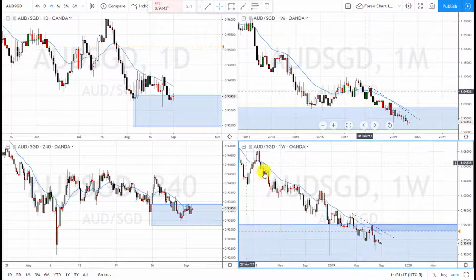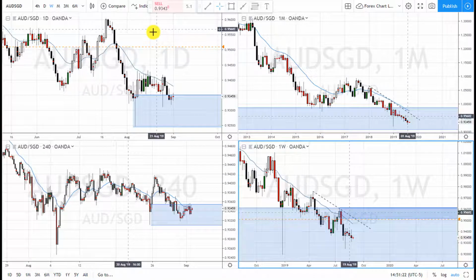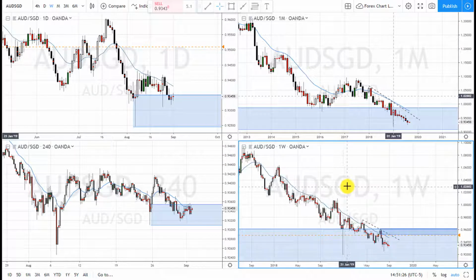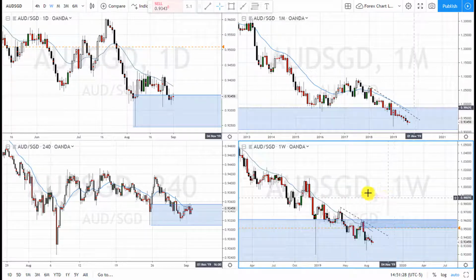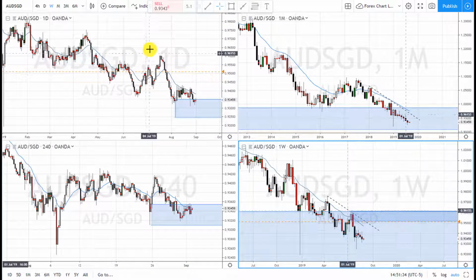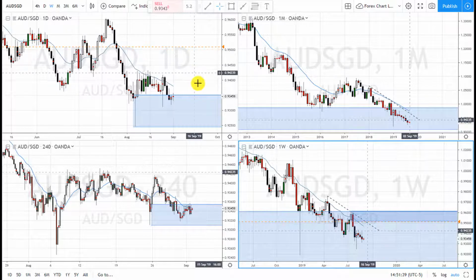But if you're trading the lower time frames, you can probably do a counter trend short if you want to. Doesn't hurt. But if you're trading this long term, we want to make sure that it breaks over these two trend lines before we go long and start creating new areas of demand on the way up.